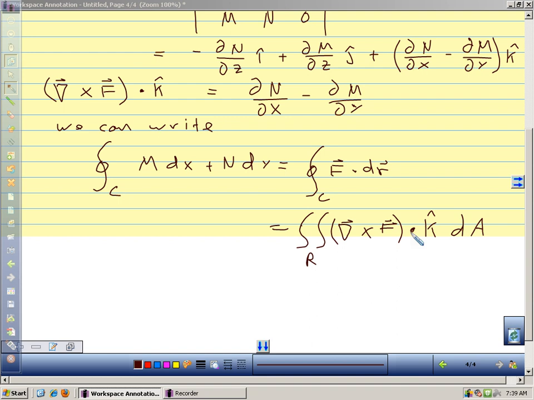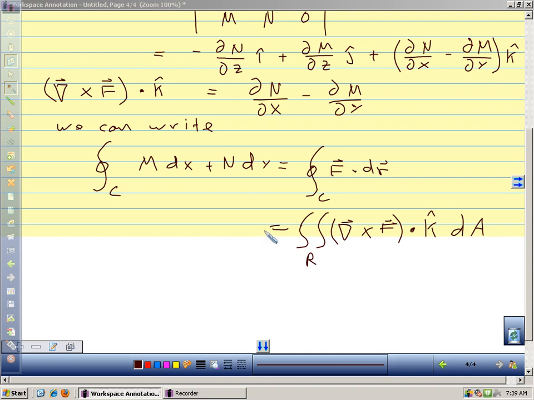If our curl has a large vertical component, so we think about our right-hand rule, that means the component that points in the direction of our thumb is large. That means that the tangential components around our fingers is also large. So this tells us something about the relationship between the curl and a rotation. And we'll extend this to 3 dimensions later in the chapter.